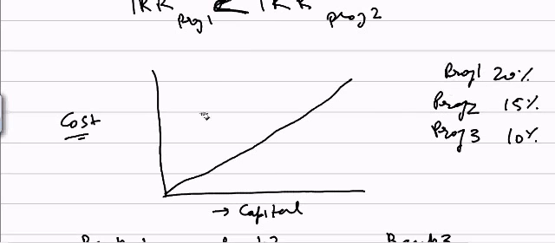So slowly, this is your schedule for investment, and this is your cost of capital. Your schedule for investment will go down and your cost of capital will go up.